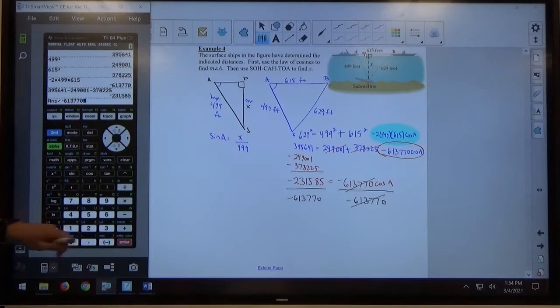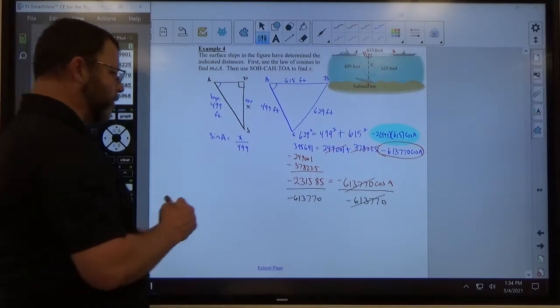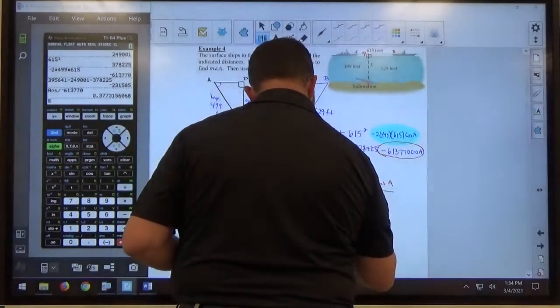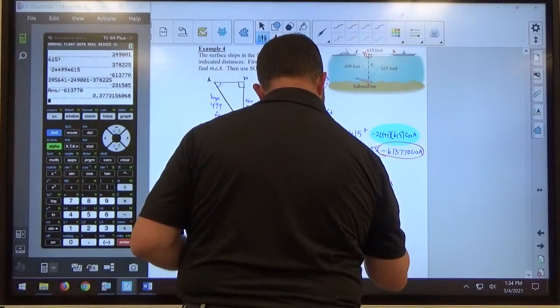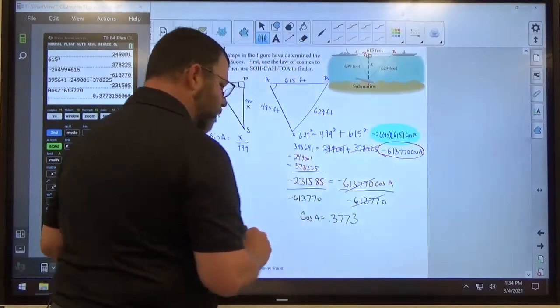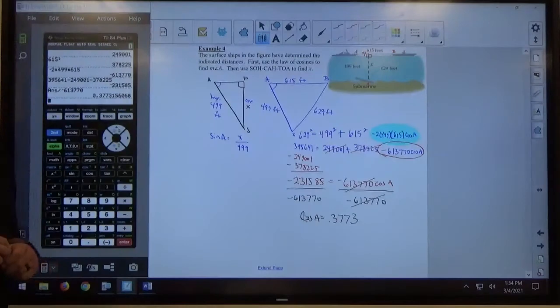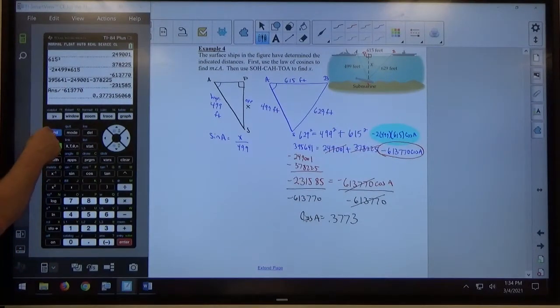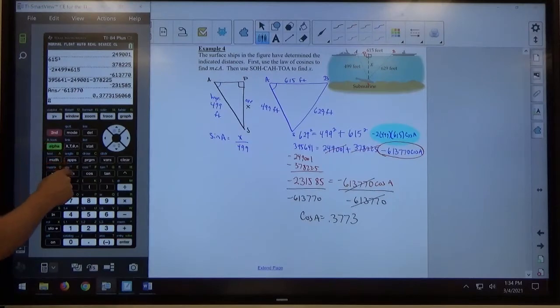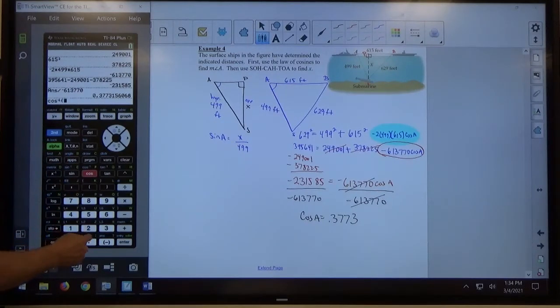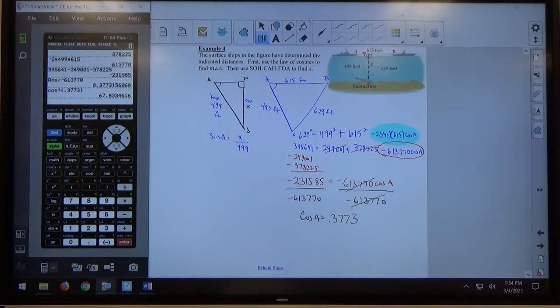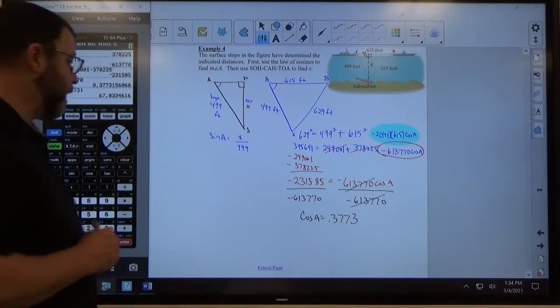So cosine of A is going to be 0.3773. And since we know what cosine equals, to find what A equals, I have to do the inverse cosine. So I get my calculator, say second cosine of 0.3773. And A comes out to a 67.8335 degree angle.